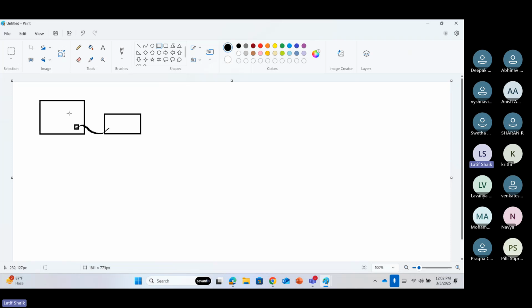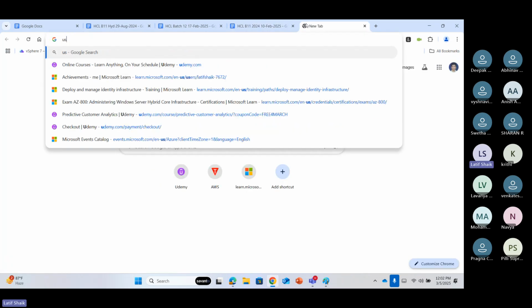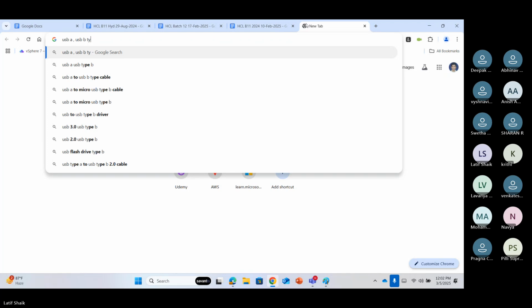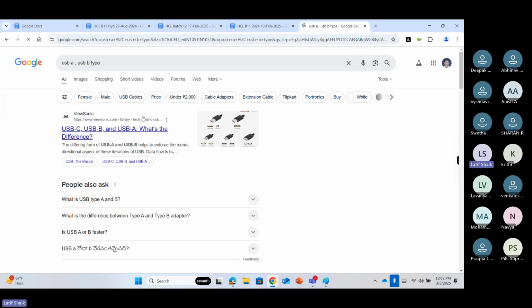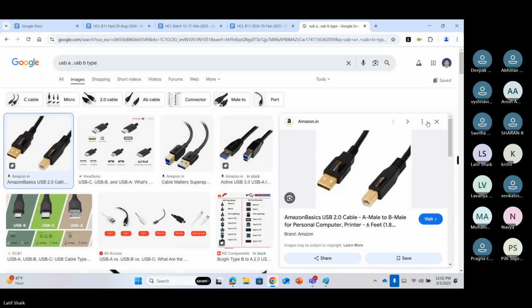On the PC side, laptop or desktop, we mostly use a USB-A port, and on the printer side, it's a B port. USB-A type and USB-B type. This is A type, we know that.